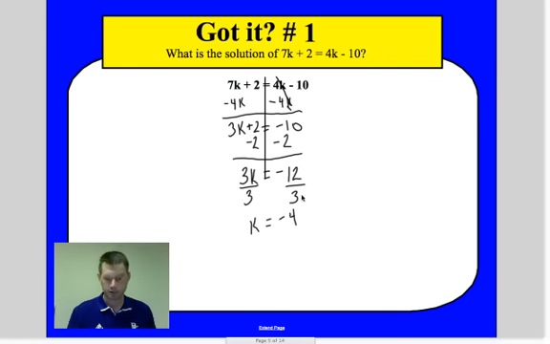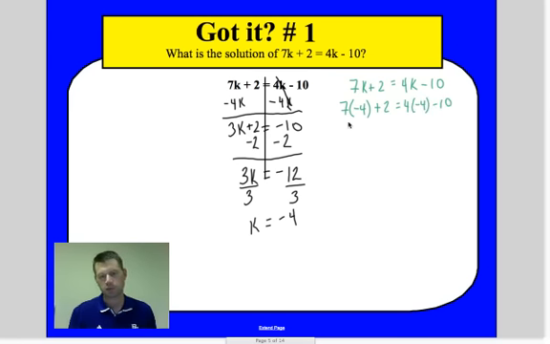Okay, and again, we want to check our work. When we check our work, we're going to rewrite this equation: 7k plus 2 equals 4k minus 10. Then we're going to substitute in for the k in parentheses, write in the entire problem again, and simplify it down.